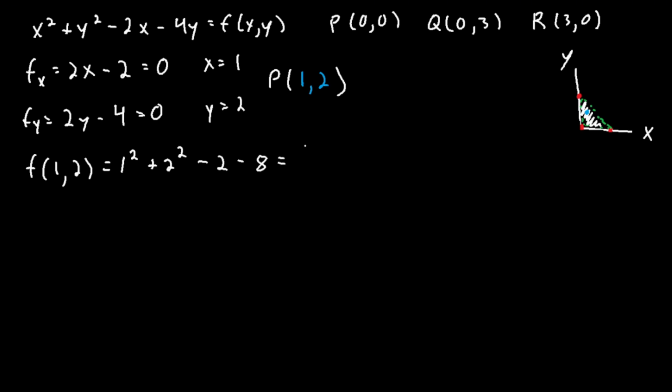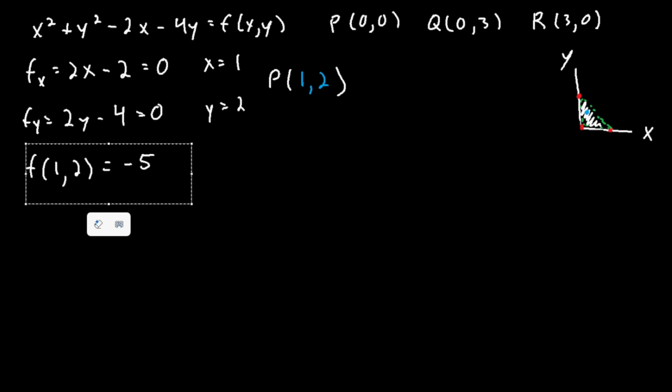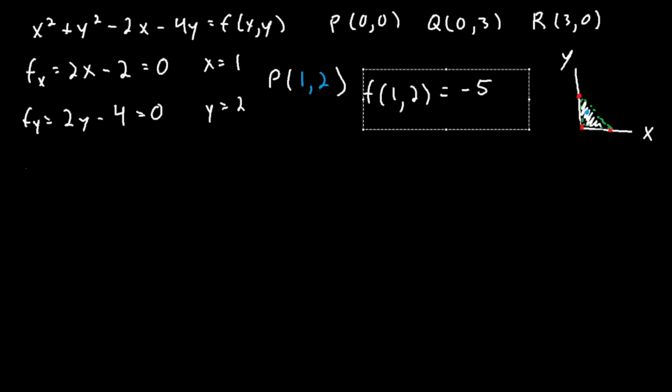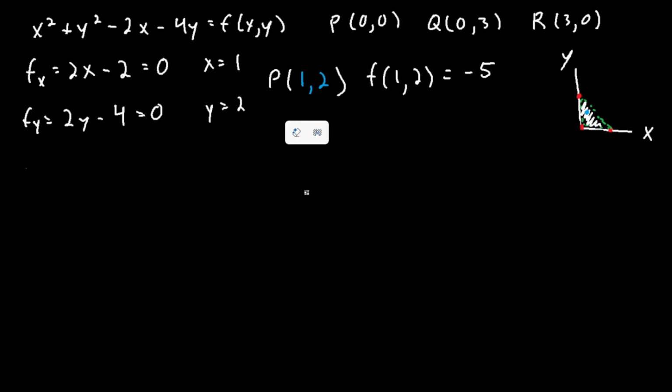And this all equals negative 5, I think, right? 5 minus 3, yeah, negative 5. So our first possible absolute max or absolute min is 1, 2 at negative 5. Okay, what's next?